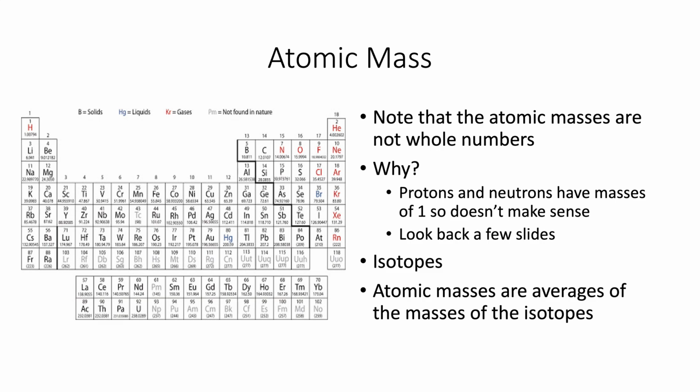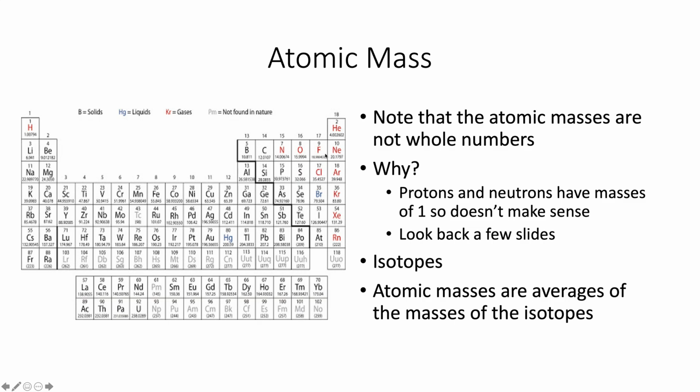Now, atomic mass. Looking at a periodic table, this is a better one. You can see the number missing here, but these are the atomic numbers. These numbers down here are still a little grainy. These are atomic masses. Now, if you remember, protons and neutrons have masses of 1. So why are these masses not whole numbers?